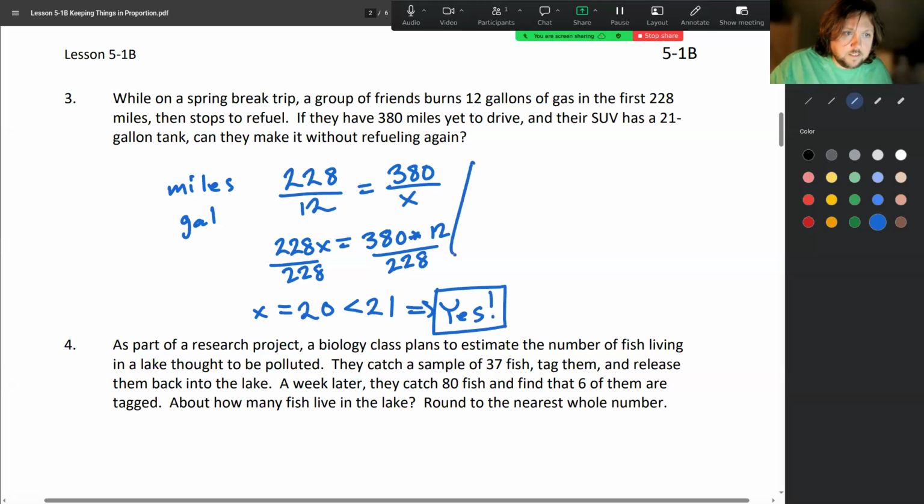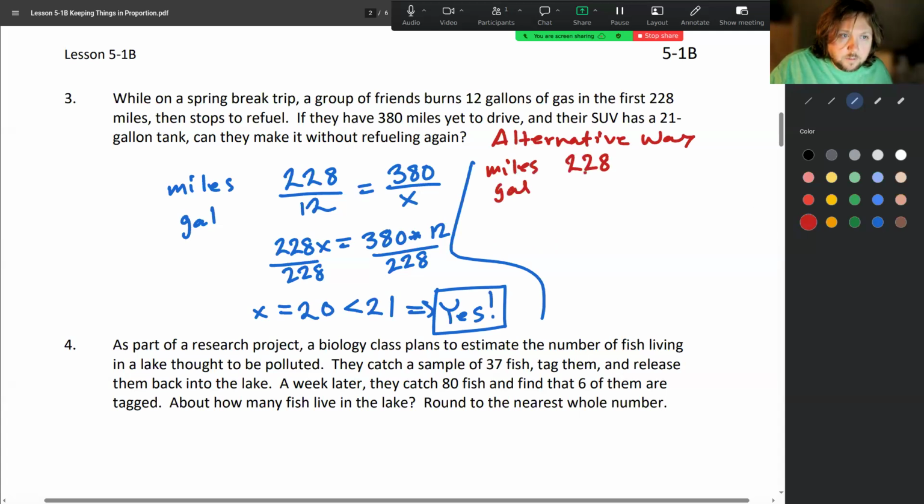Now there's an alternative way. So what if you didn't set it up like that? What if you set it up this way? So miles, gallons. You did the 228 over 12.